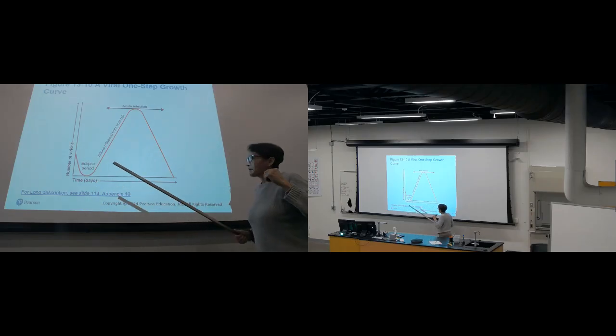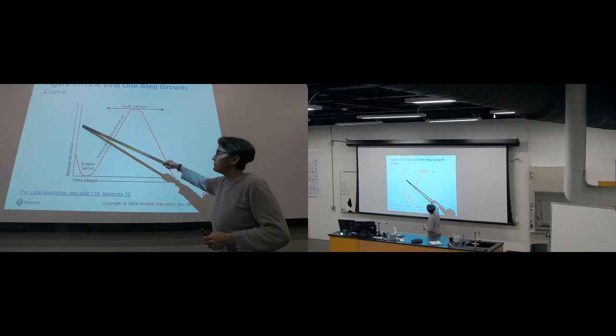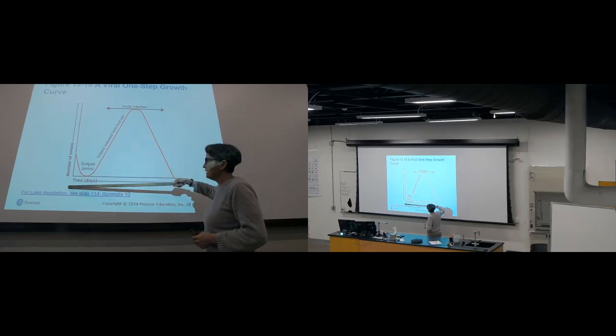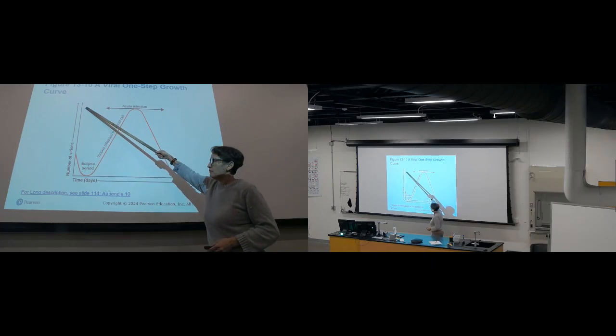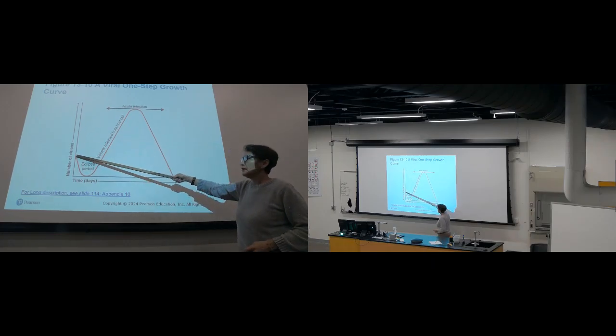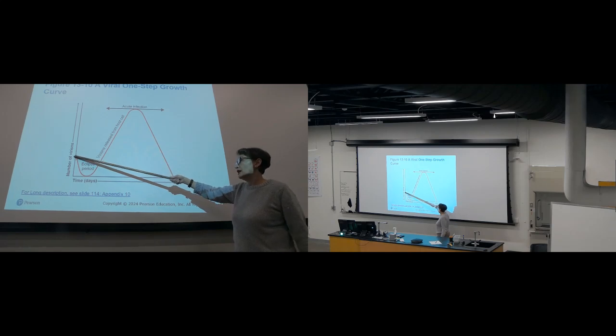So if you have some cells and then you infect the cells at time 0, this is the graph showing you time in days and the number of virions. So let's say that you have added 1,000 viral particles.